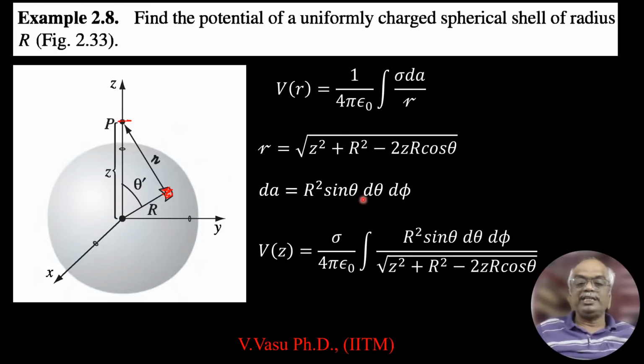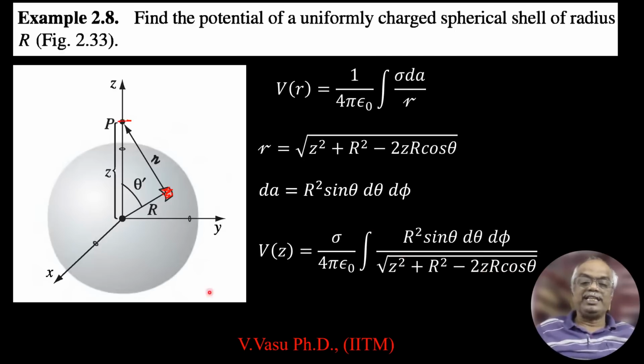So da is R squared sine theta d theta d phi, divided by script r, which is nothing but the square root of z squared plus R squared minus 2zR cos theta.